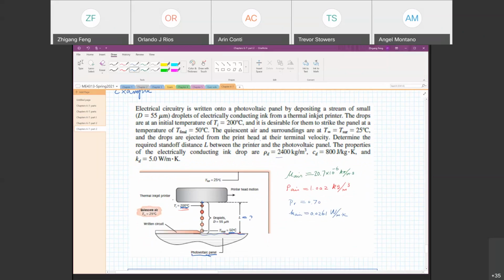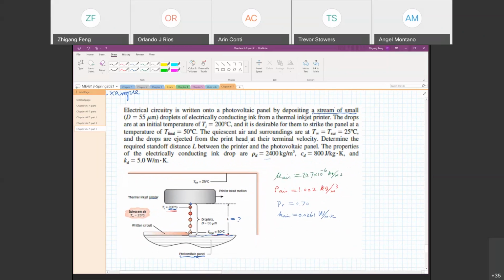And this is a thermal inkjet printer. We deposit a stream of small droplets from a thermal printer. So these are a stream of droplets being deposited onto a photovoltaic panel. When the droplet leaves the printer, the temperature, we call it the initial temperature, is 200 Celsius.